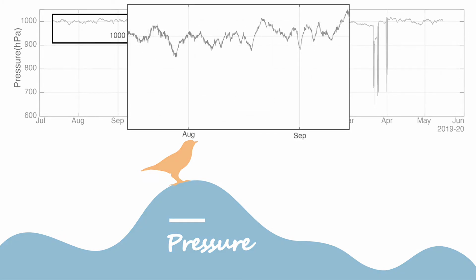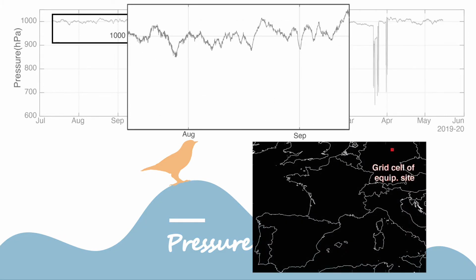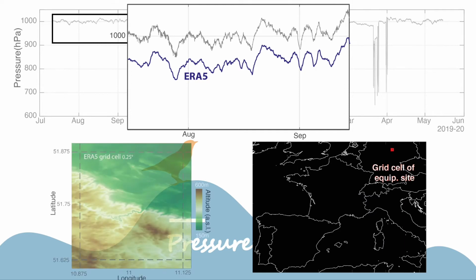Because we know the location of the equipment site, we can retrieve the pressure time series of the weather reanalysis data called ERA5. We observe a striking match of their temporal variation. But there is still a significant offset in the absolute value of pressure. This can be explained if we look at the fine-scale DEM SRTM 30 meter within this ERA5 grid cell.